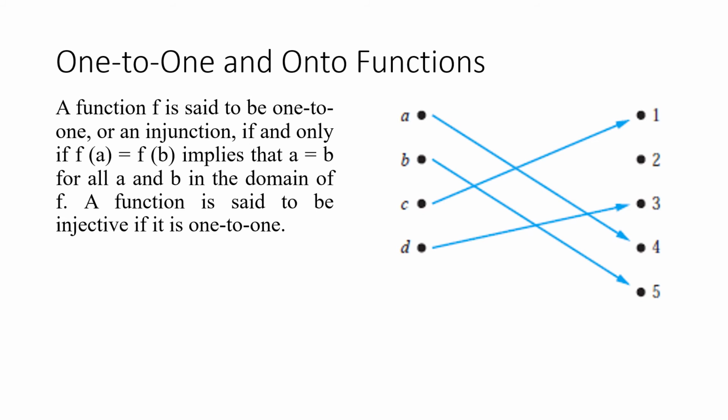So we can express that f is one-to-one using quantifiers: for all a, for all b, f of a equal to f of b implies that a is equal to b.